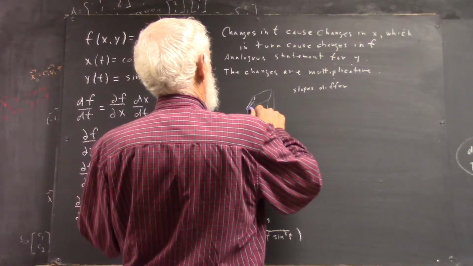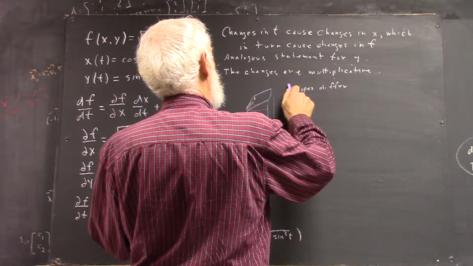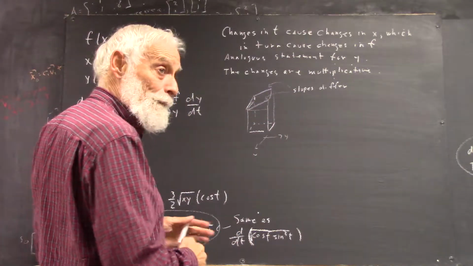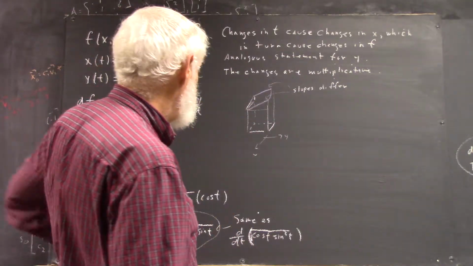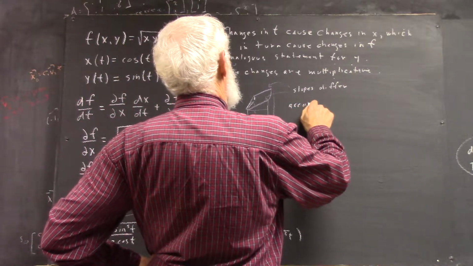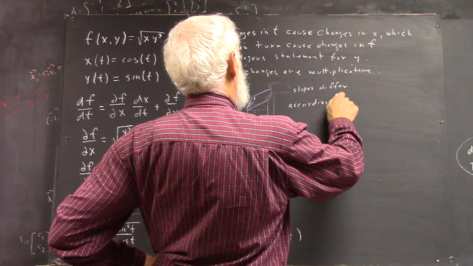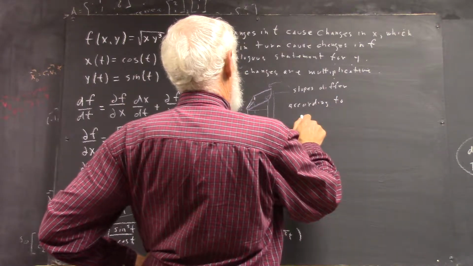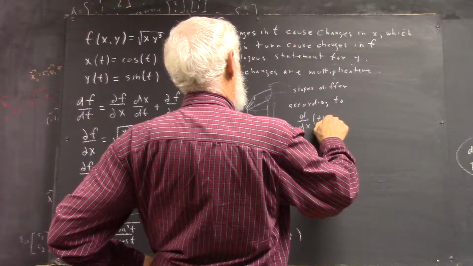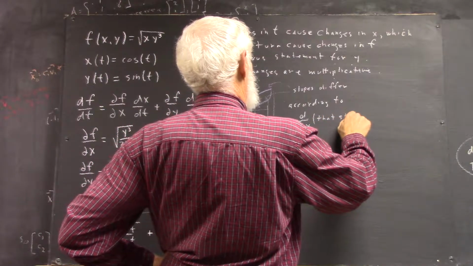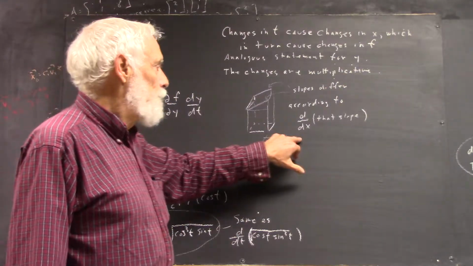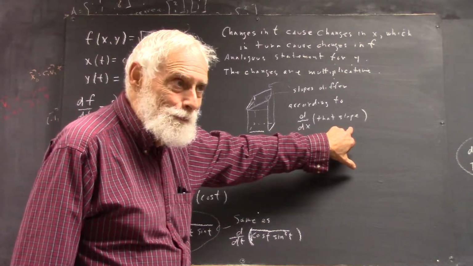It would be these slopes, and they differ according to, saying it very vaguely, the x derivative of that slope.